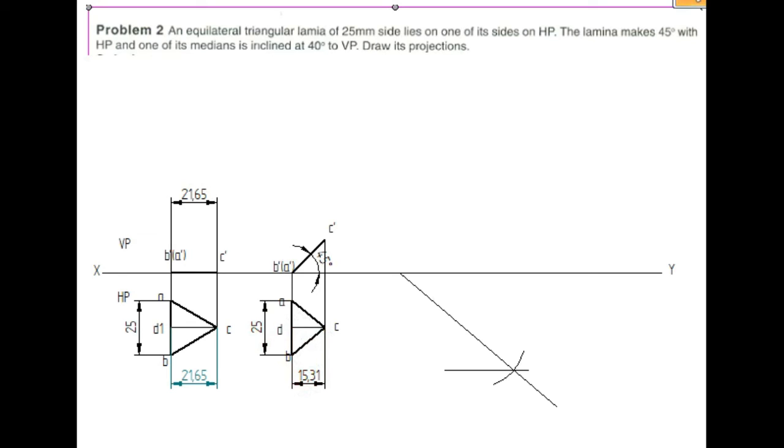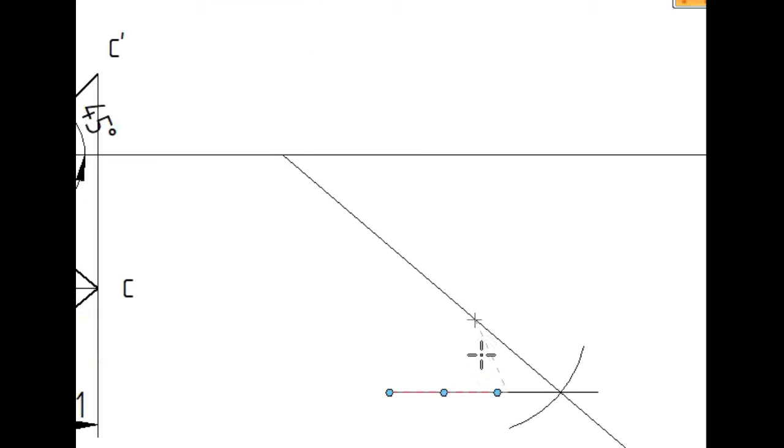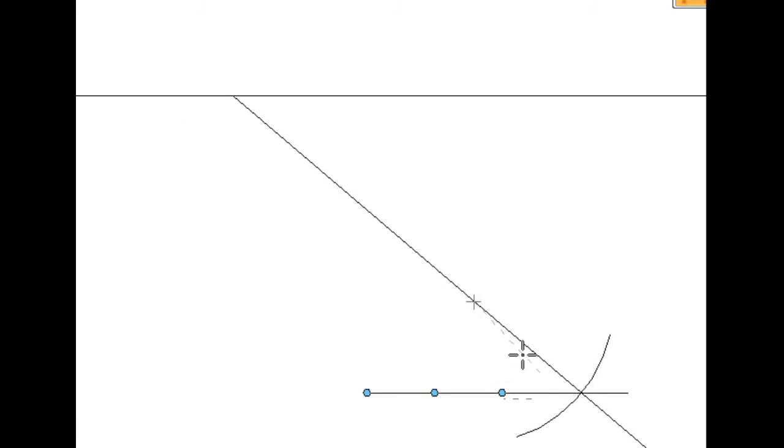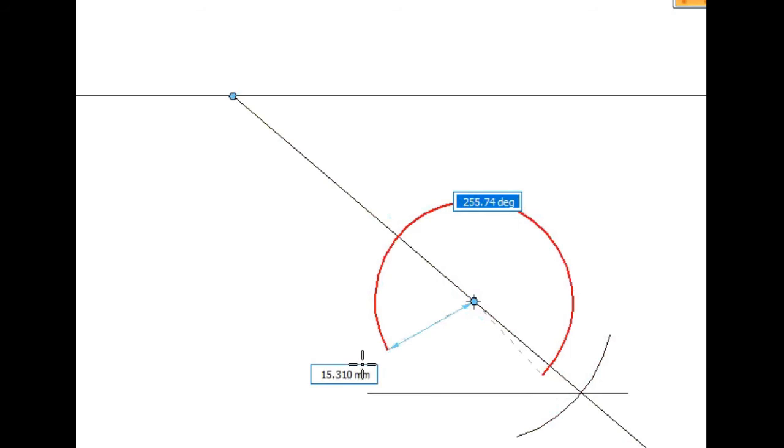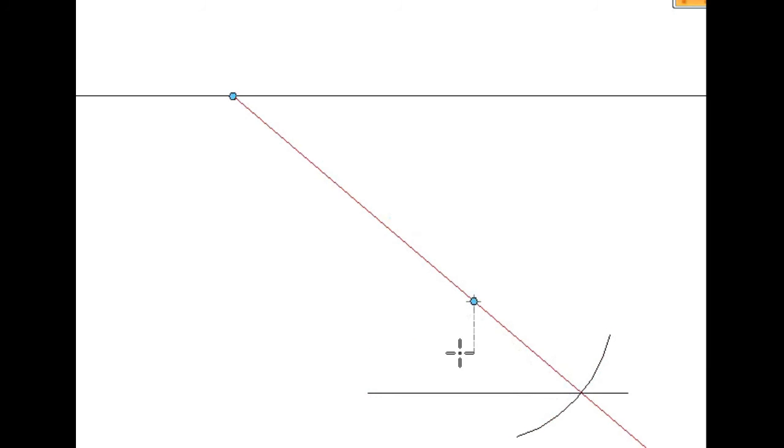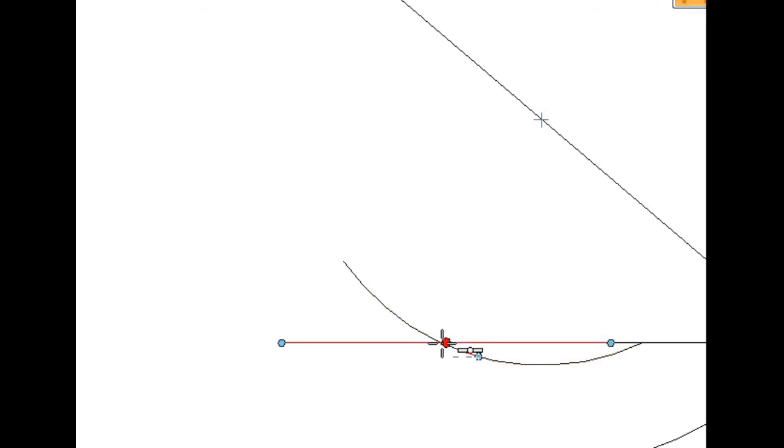So once again, use the compass to cut an arc from the same point where you took 21.65. 15.31, enter. So I will cut an arc, and it is cutting at this particular point.